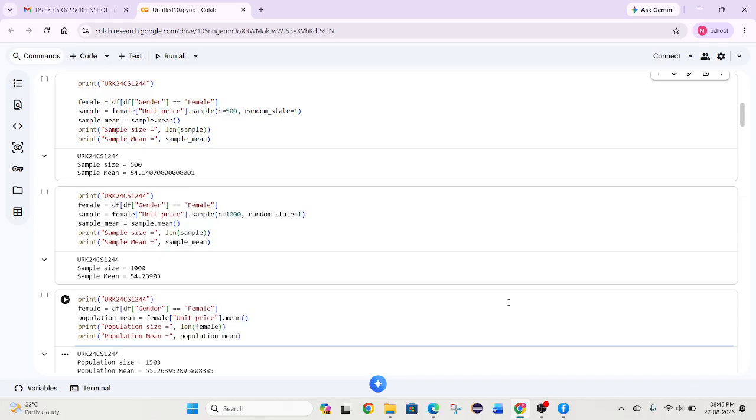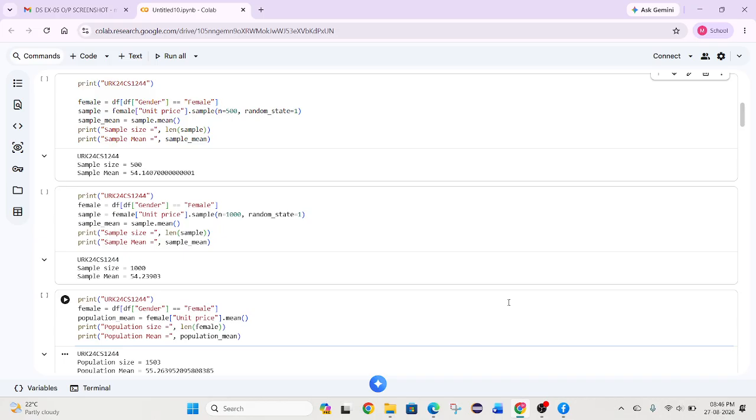Now Python calculates the average of the 500 unit price values. This is our sample mean. We can think of the formula: sample mean equals total of all values divided by number of values. It is very useful because it may not always be practical to analyze every single record.